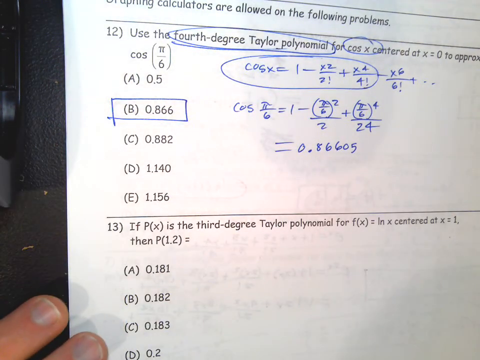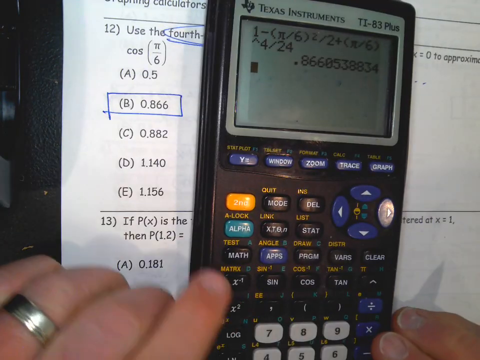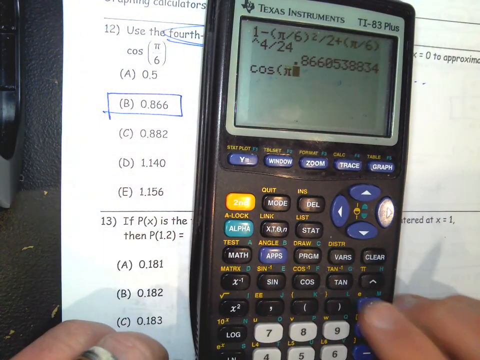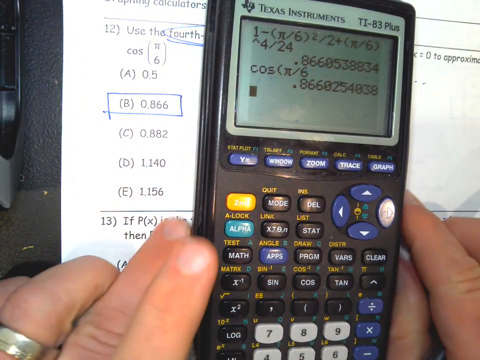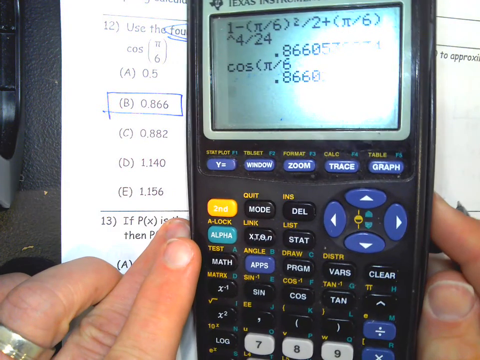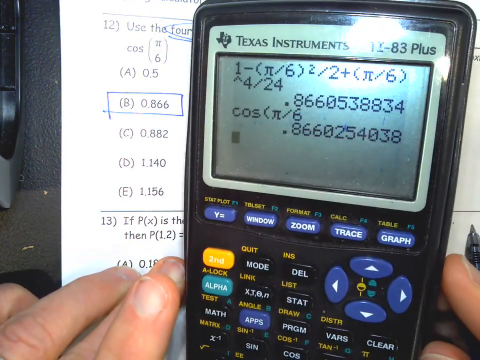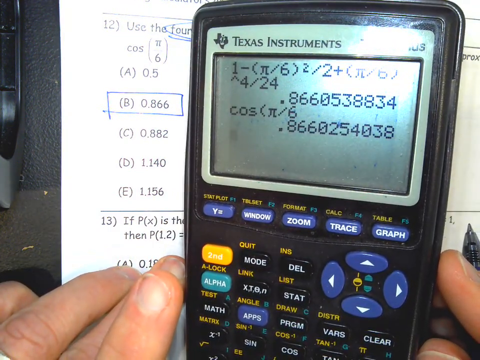So there it is. Now the actual value of cosine of pi over 6 is actually very close. It's pretty impressive though, right? I mean, it's close. It's off on the 5th decimal point.